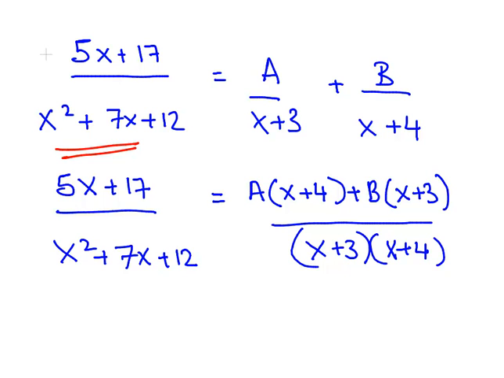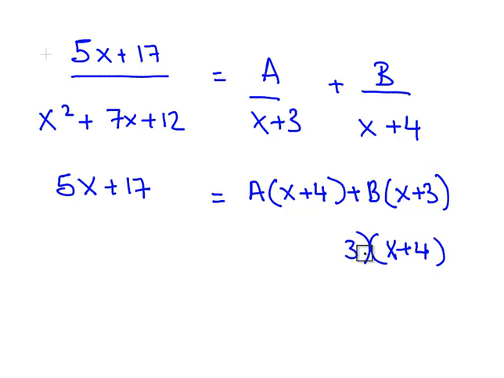Now, we already know that the denominators are equal to each other. So necessarily, the numerators of both sides are equal to each other. So we're going to disregard the denominators from now on and just look at the numerators of both sides.